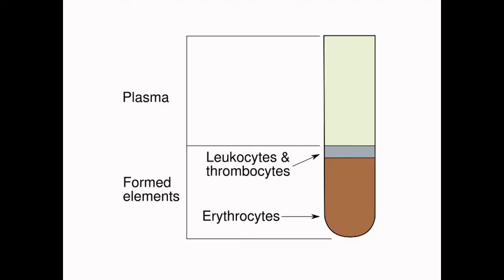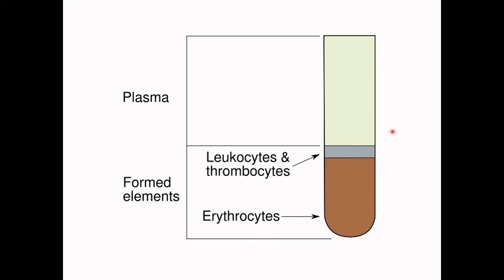As you can see in this picture, this is a test tube. In this test tube the blood has been collected and allowed to stand for some time. After some time, three different layers will be formed.